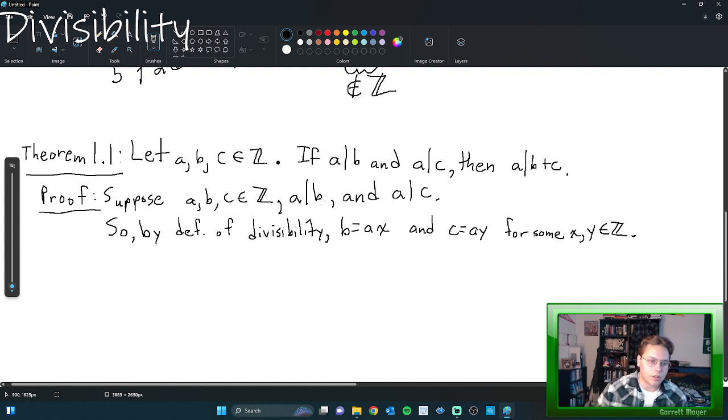So this just directly follows from the definition of divisibility. And now with these numbers, what can we do?